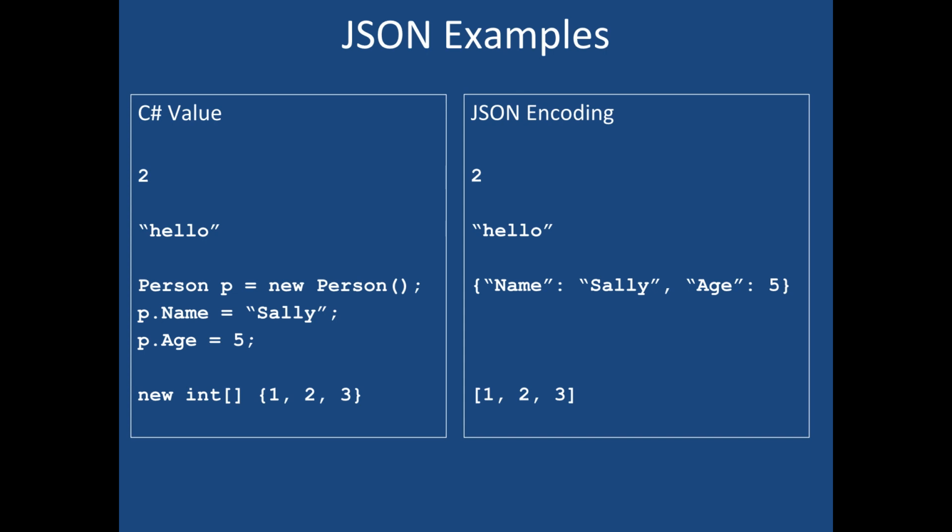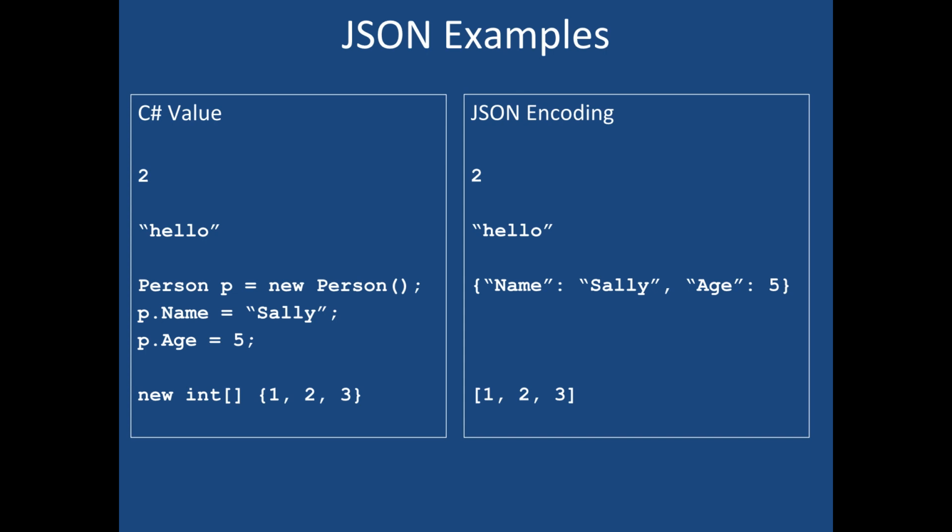Okay, so there's a C# value 2, the integer 2. It gets encoded just as an integer. The string hello, strings are encoded as strings, so there's really no transformation done there. Here's a person with two properties, name and age. That's what it looks like in JSON: the property name, colon, and the value, which in this case is a string.